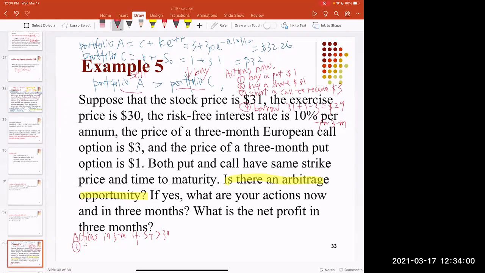So exercise the call to sell the share for $30. Again, you might say the market price is higher than 30, why not sell to the market? Again, you are the shorter. You are the short position, and the long position will make the decision.